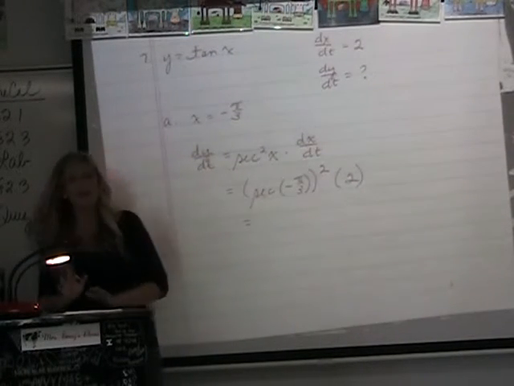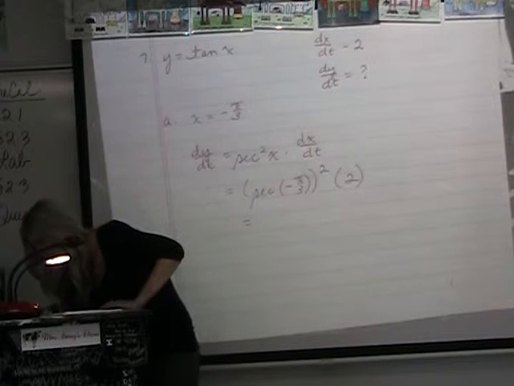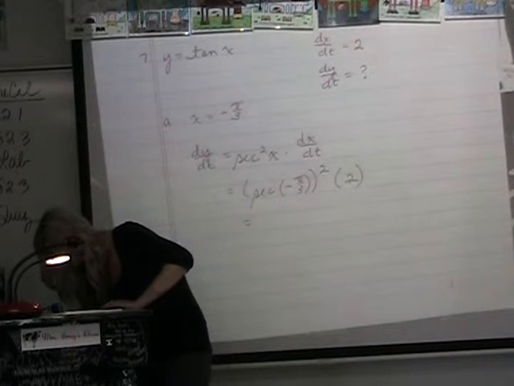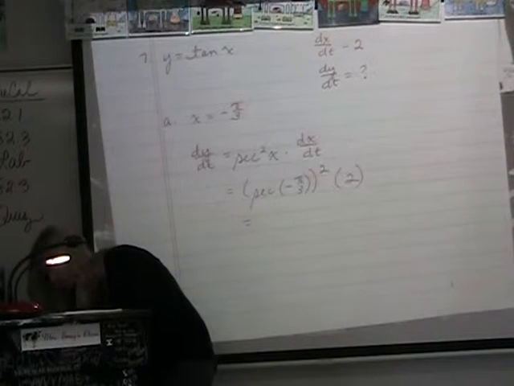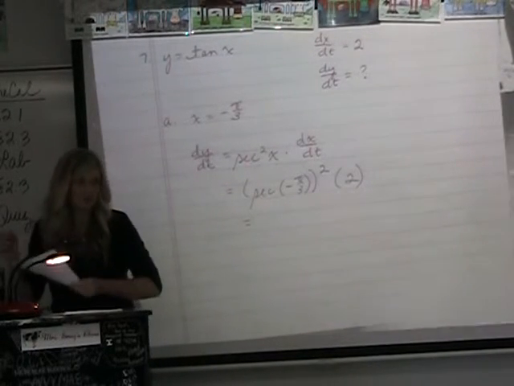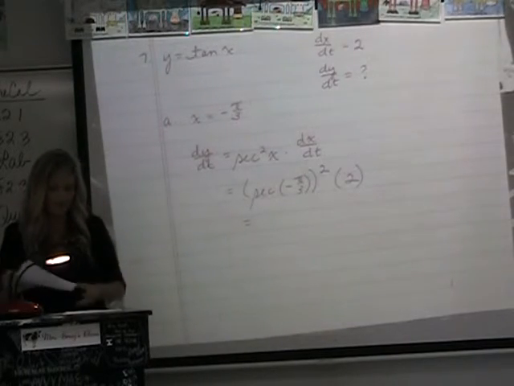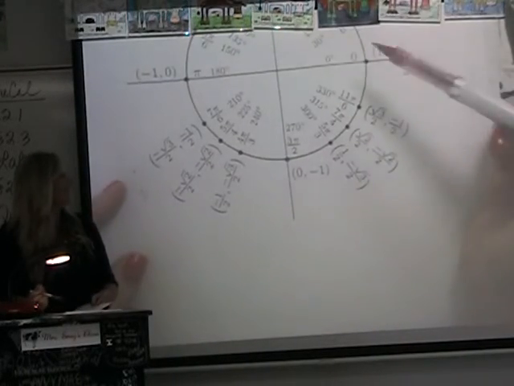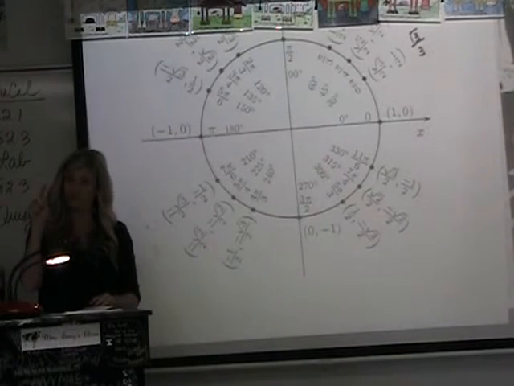Now, I'm going to pull out my unit circle just to remind you of something, but remember, you wouldn't have a unit circle to use. You would want to know the values on there. Just remember that negative angles are measured in a clockwise direction.